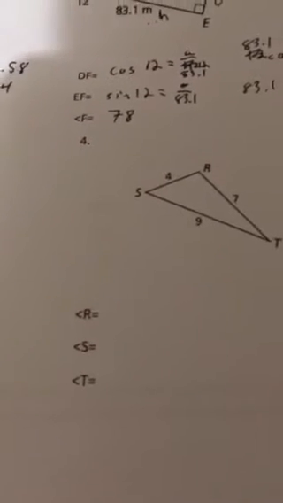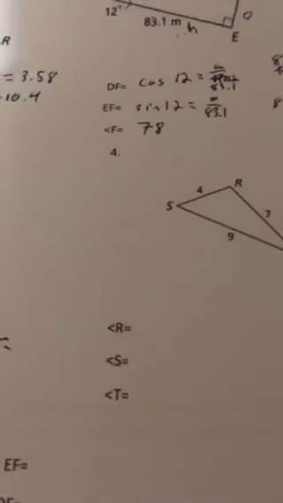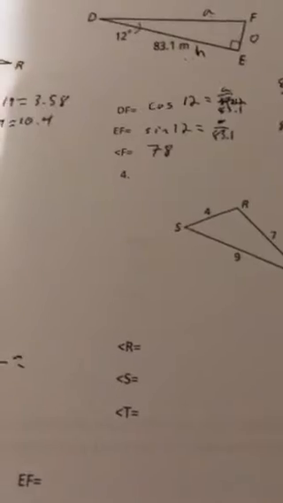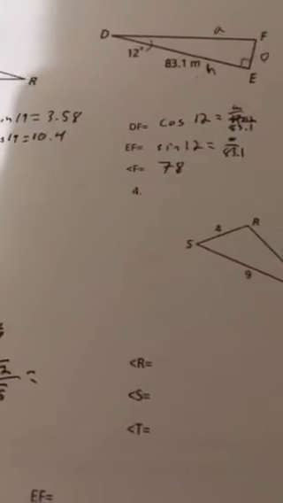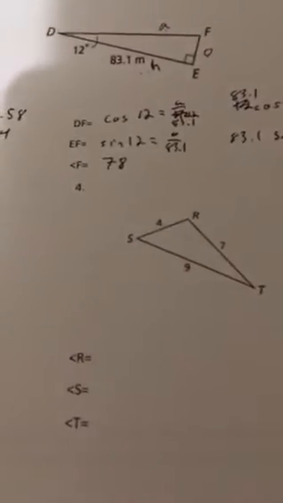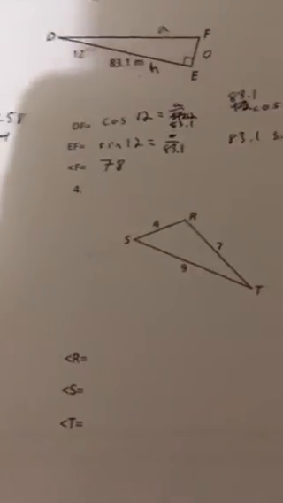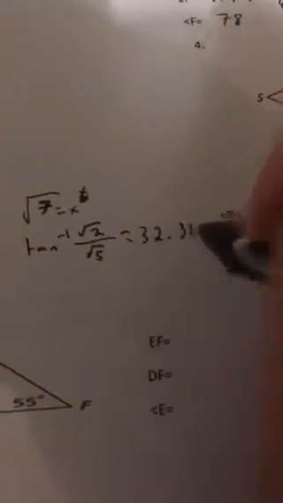I'm going to do that on my calculator. Second root 2 divided by second root 5, tangent inverse it. And we get 32.311 degrees, so that's going to round out to 32.31.